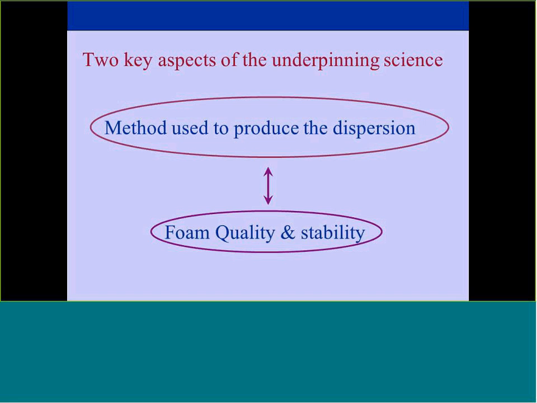What we have to do is to examine how the foam was formed in the first place, and then try to link the form of the foam with its stability, because then we will have a method to produce the product as well as examine the key quality, shelf life of the product. These are the two main aspects of science that we food engineers must concern ourselves with.